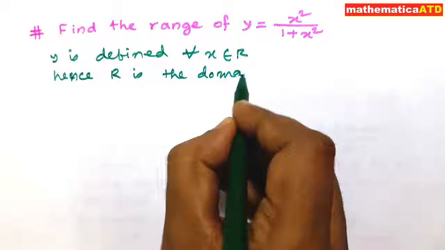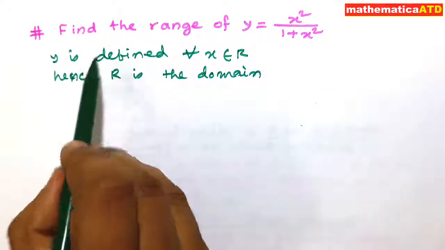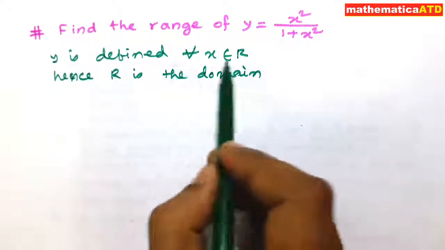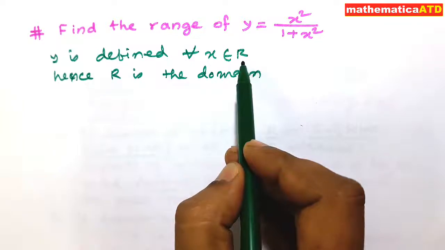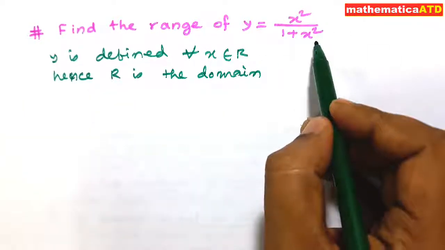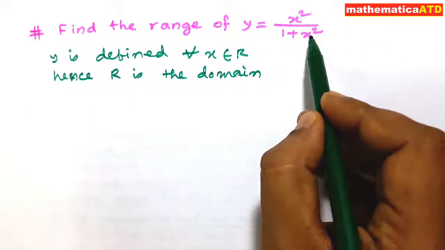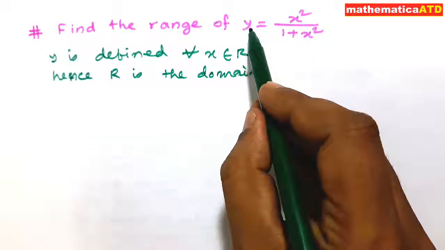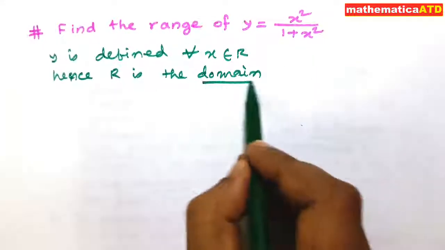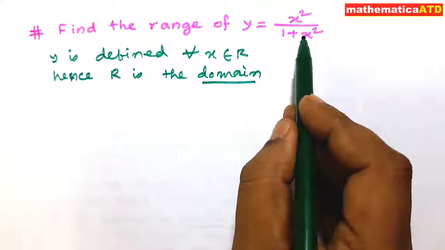Again I repeat, y is defined for all x belongs to R. Whatever you take from the set of real numbers, you put it here and you will get a value of y. So R is the domain of this given function.